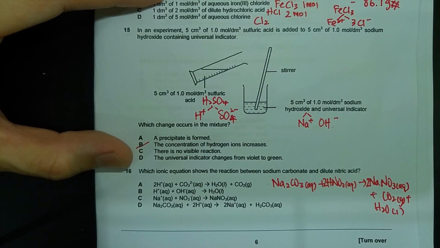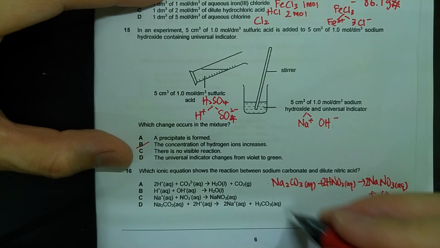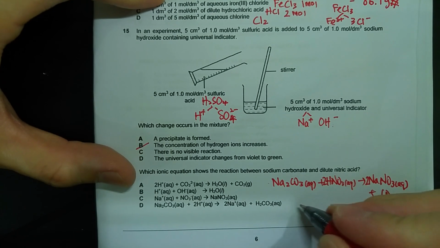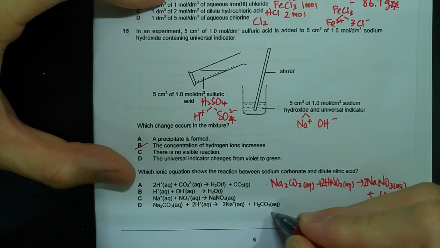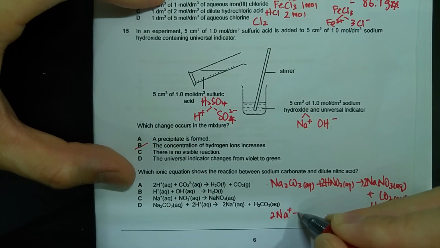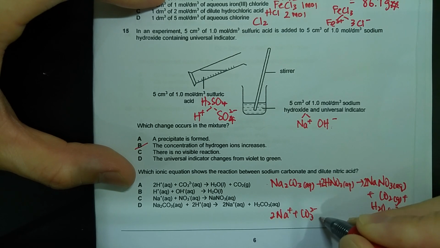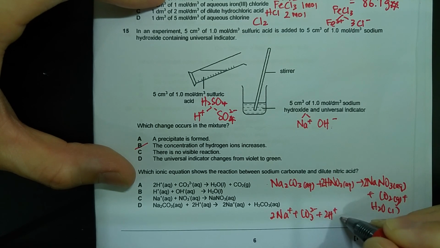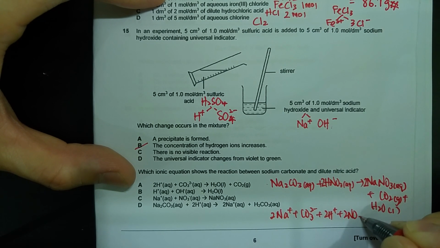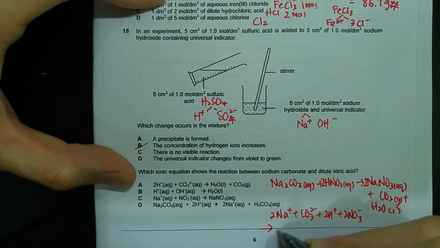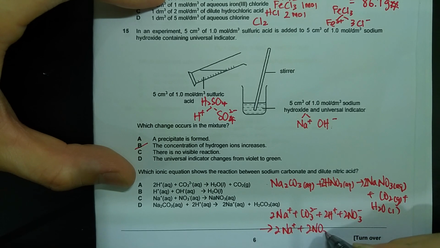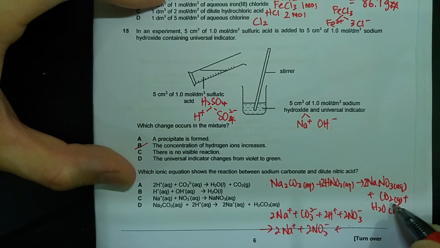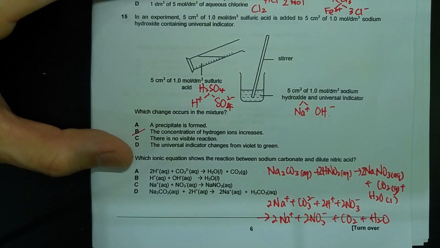Okay, and then for all the aqueous, you break it into its ions. So you get 2Na plus, CO3 2 minus, plus 2H plus, 2NO3 minus, to give 2Na plus, 2NO3 minus, plus gas remains as it is, it doesn't ionize, water as well.